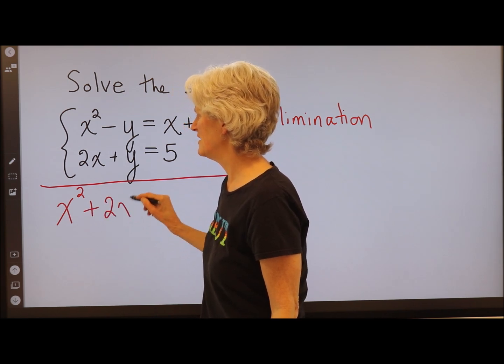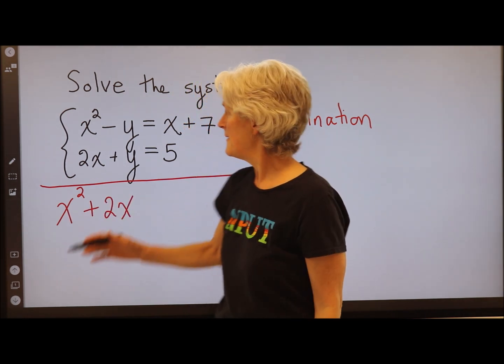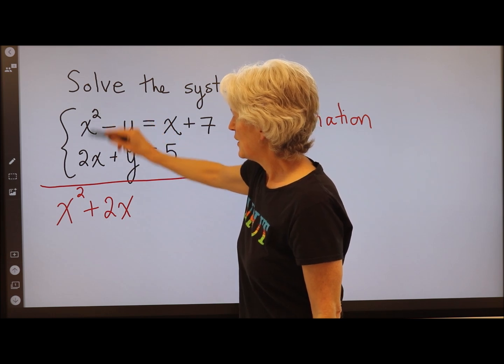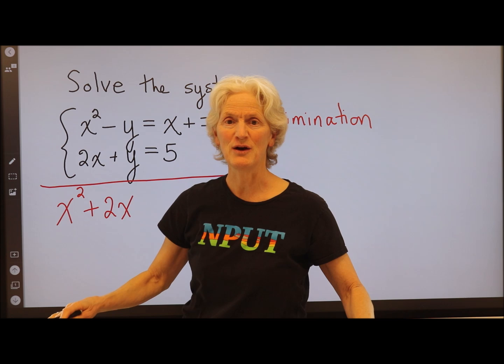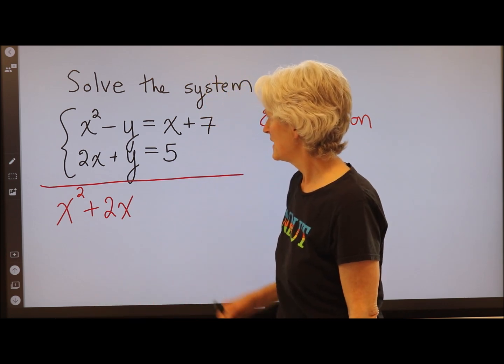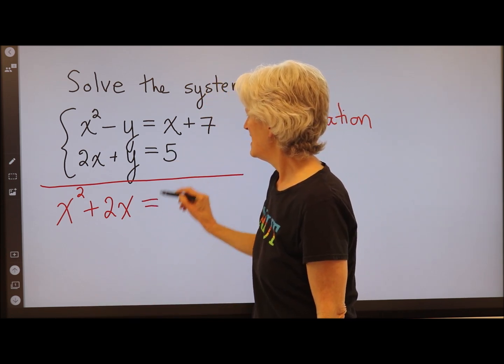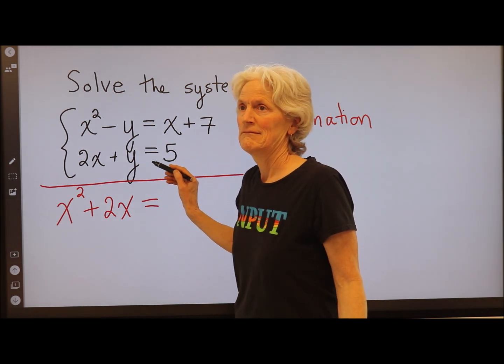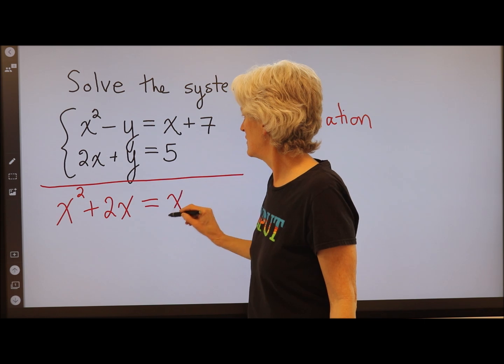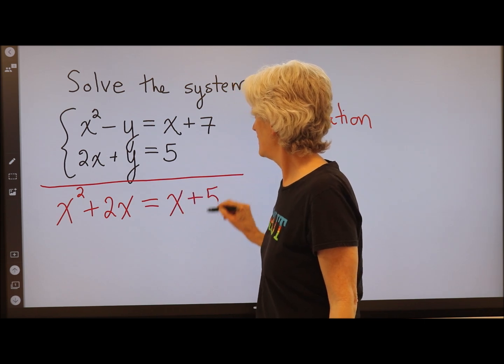That's a little weird, but let's just go with this. So I've taken care of those. Negative y plus y. Ooh, poof, they go away. I'm liking that. Equals x plus 5.